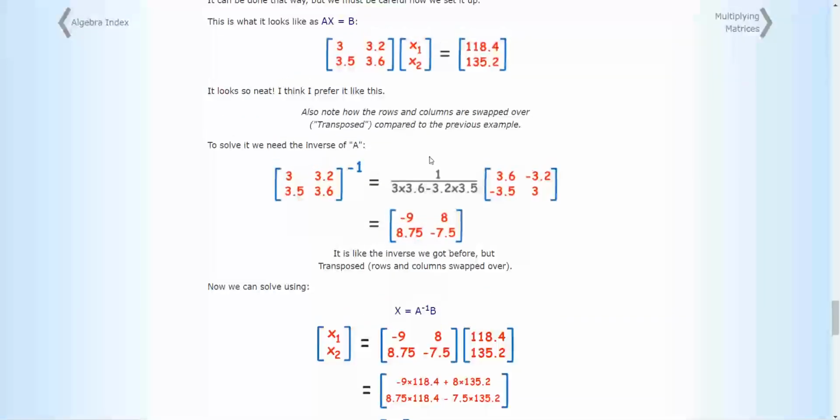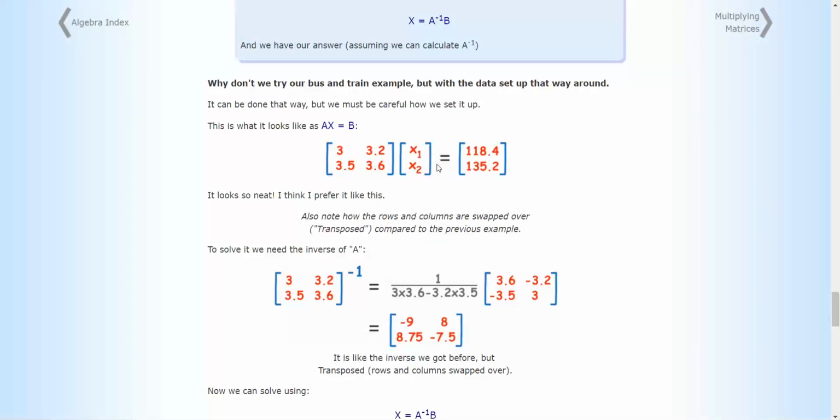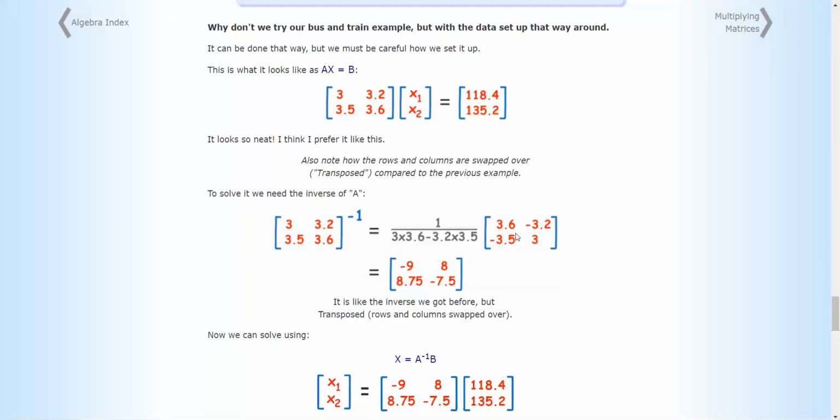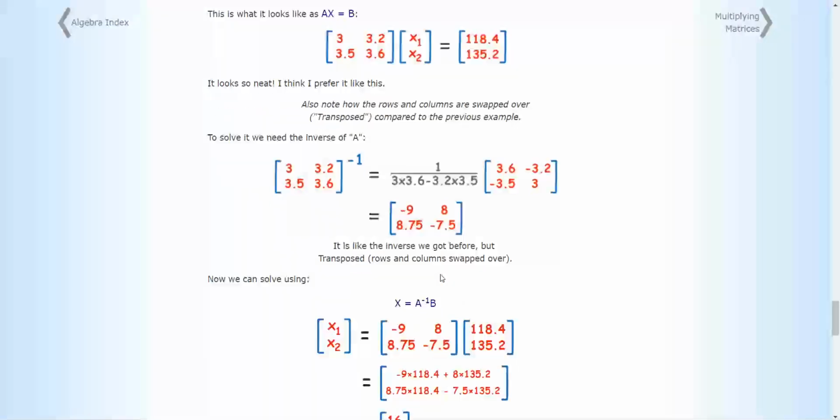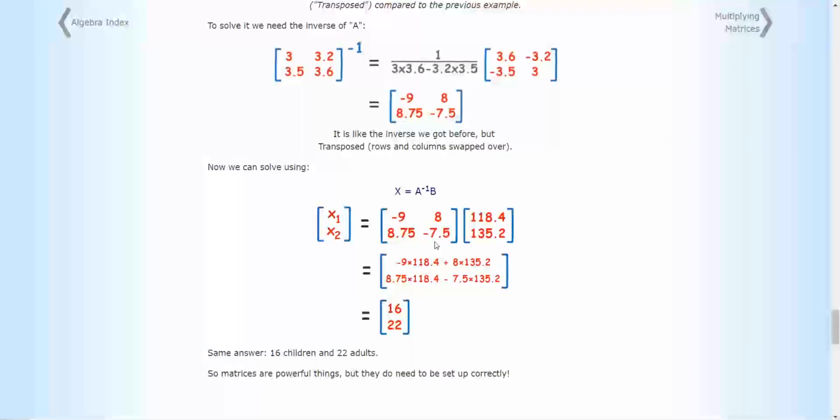So I've opted for this, I've done this, and then the inverse of this is actually that. I'm doing exactly that.